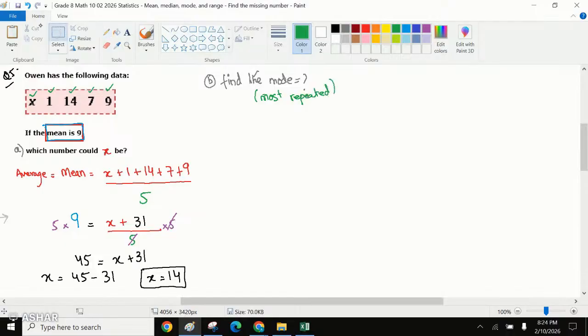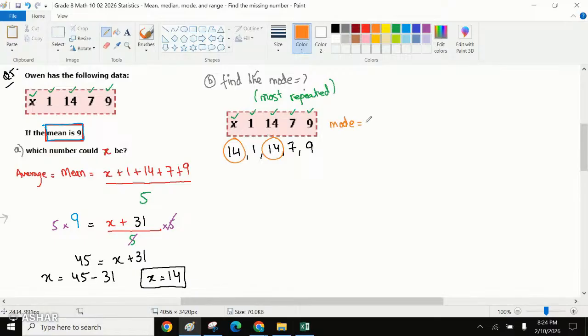Agreed? So if this information was given to us, can we say x was 14? Then we had 1, we had another 14, we had 7 and 9. Do we have a number that's most repeated? Yes, we do. So we can say that mode is 14 as well, because it is repeated twice, more than the other numbers, right?